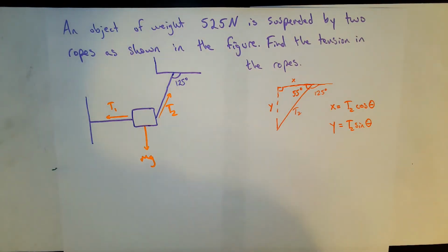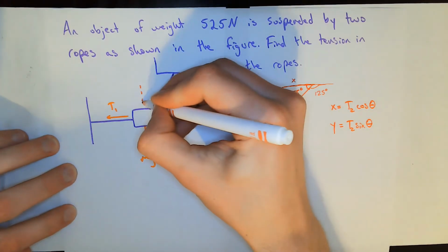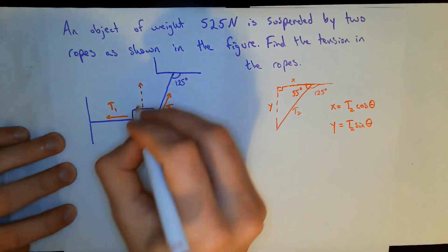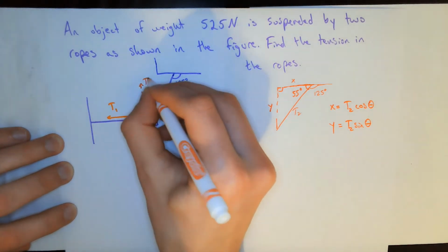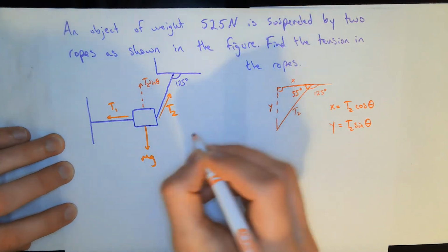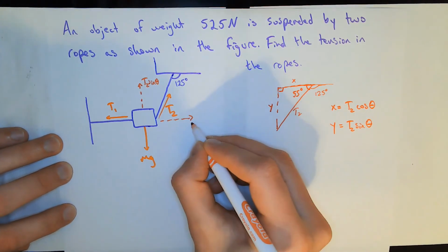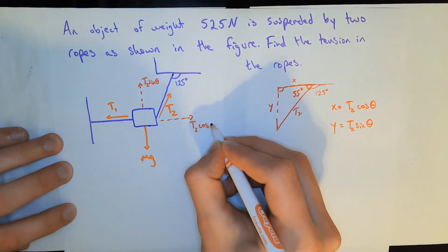Sometimes you have to work the geometry to find out how the components are going to be acting. All right, so there's T2 decomposed into its vertical component being T2 sine theta, and this horizontal component being T2 cosine theta.